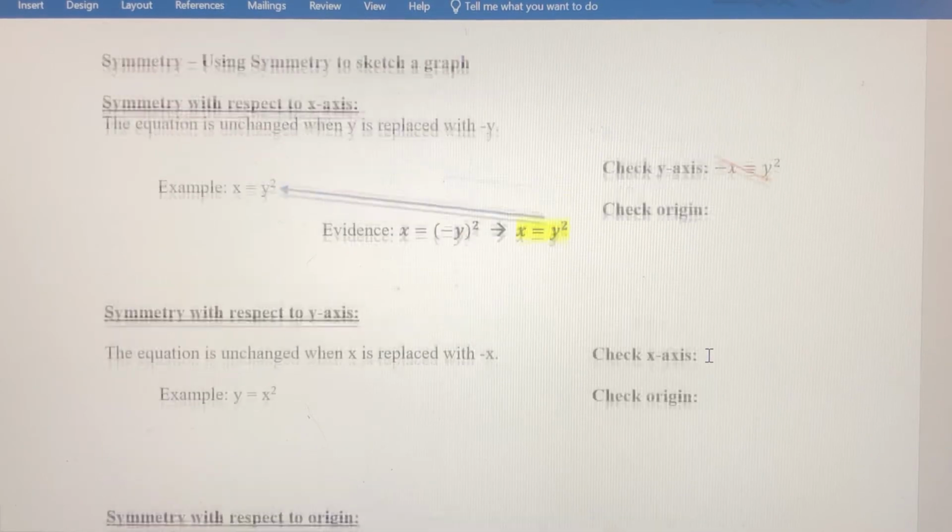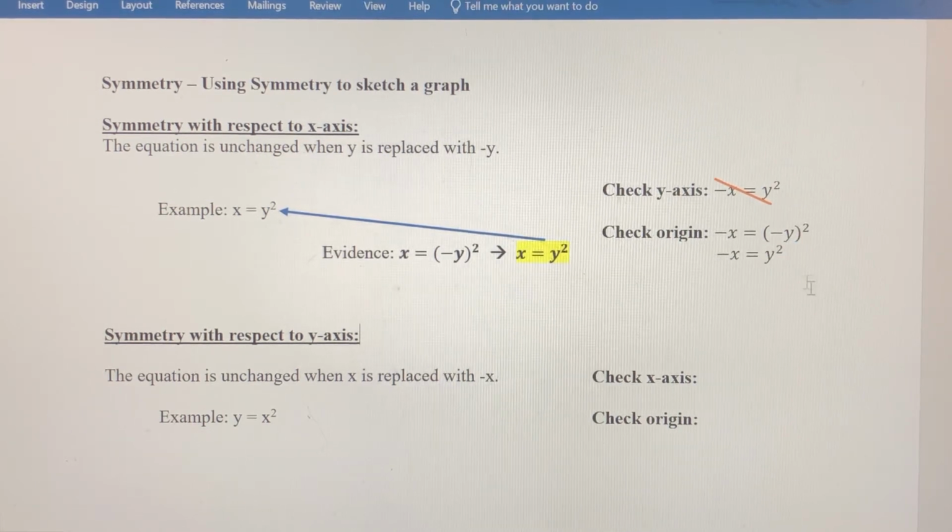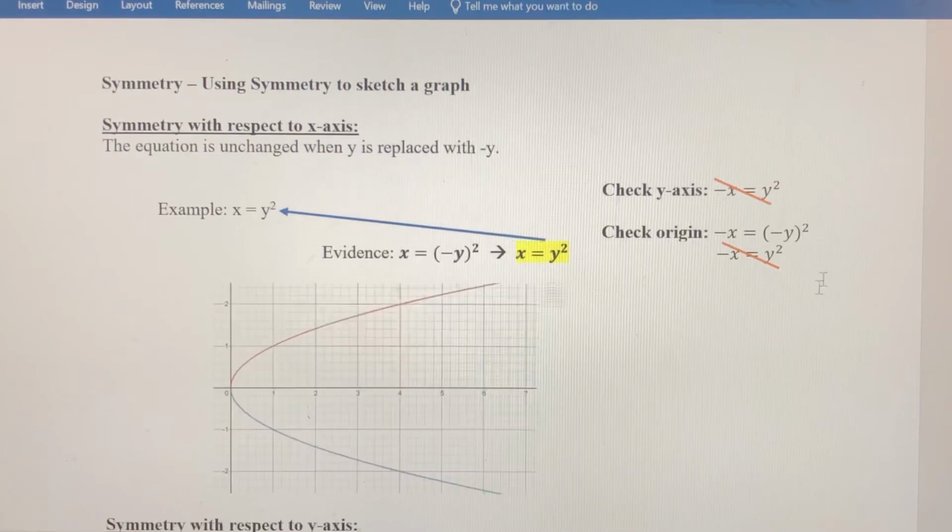So let's check the origin symmetry for this equation. We replace x with negative x, replace y with negative y, and then simplify. On the left side, I'm left with negative x. On the right side, I'm left with y squared. Again, this does not match the equation I started with, so this equation will not have origin symmetry. Now, let's give you some visual proof. If you were to graph this equation, which is not a function because it has x-axis symmetry, it would look like this.